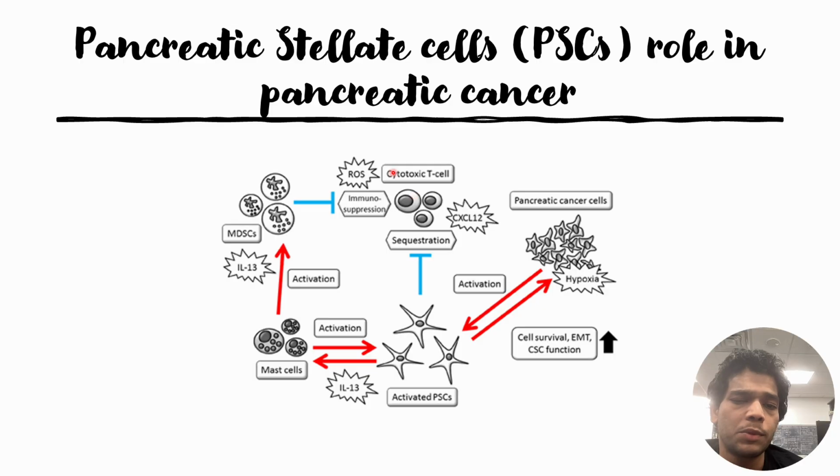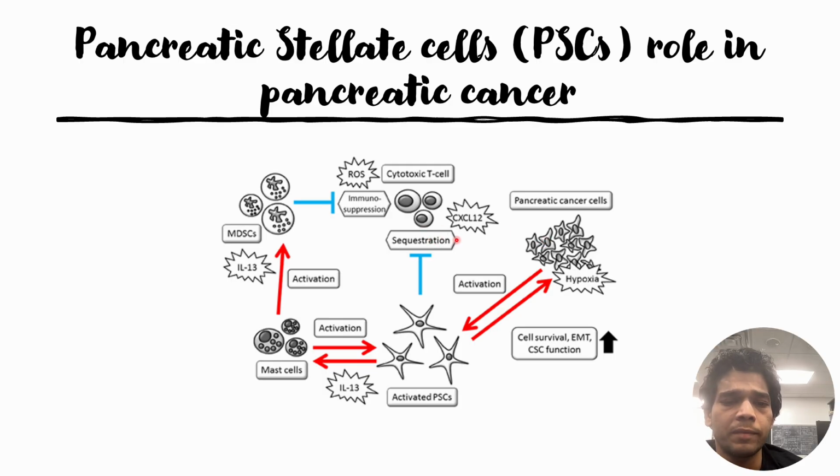So these things will be reduced through the myeloid derived suppressor cells by secreting reactive oxygen species, thereby reducing the activated T cells. On the other hand, the activated pancreatic stellate cells sequester, or trap, the cytotoxic T cells, thereby reducing the amount of activated T cells that can act upon the pancreatic cancer cells.